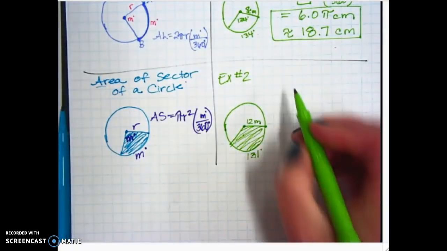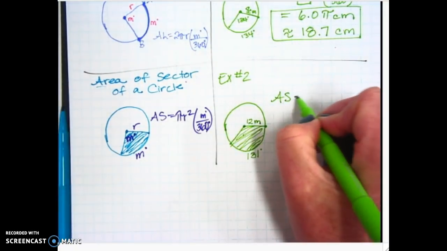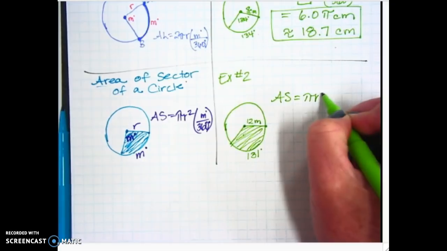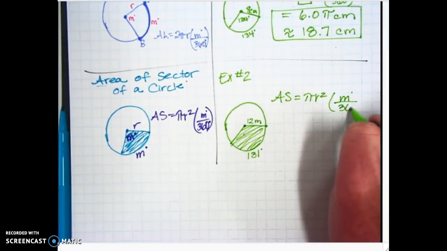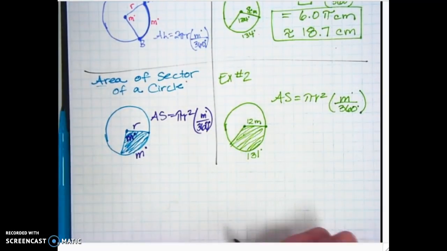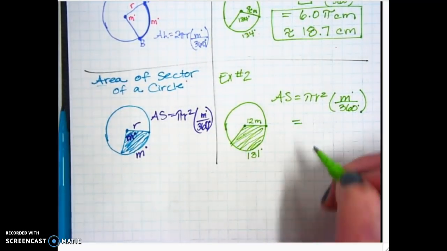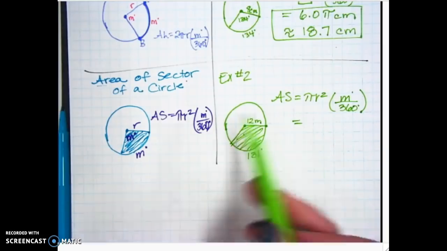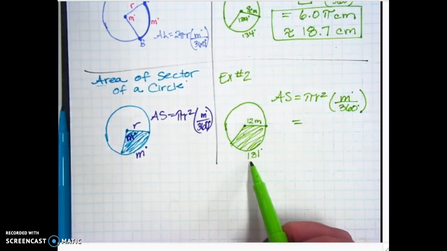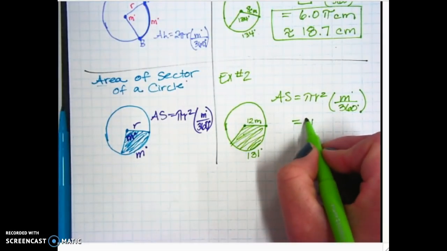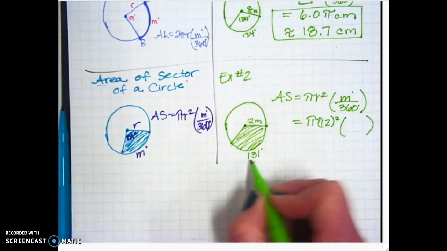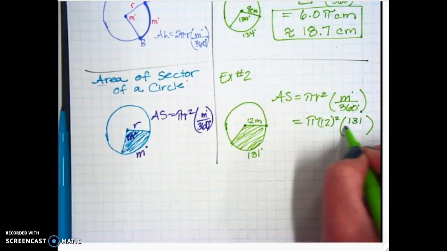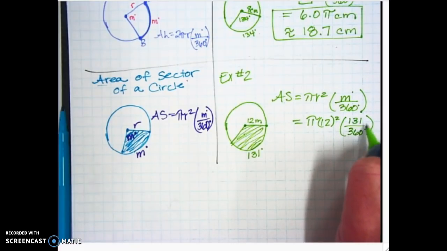So the area of a sector formula is pi r squared multiplied by the measure of the angle over 360. Just like example number 1, we're plugging in our two values, the radius and the angle measure. So we're going to have pi 12 squared times 131 over 360.